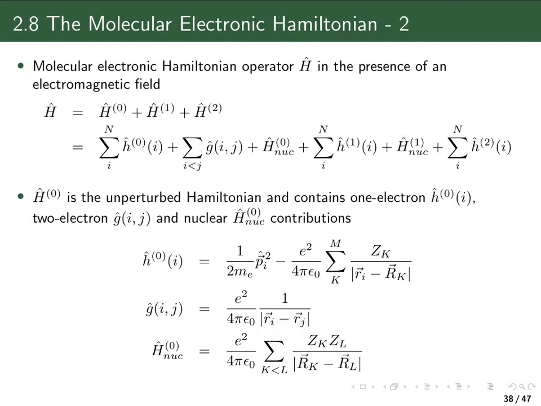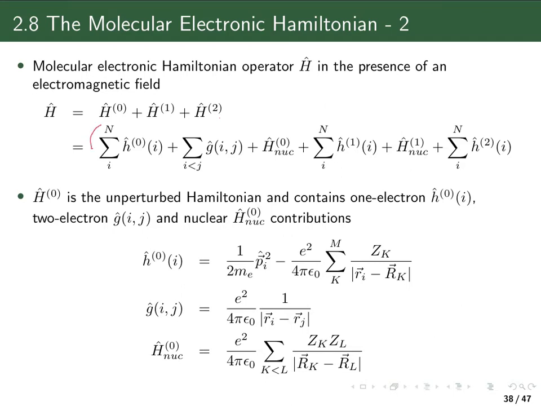Including all those, we can write the molecular electronic Hamiltonian, in the presence of an electromagnetic field and in the Born-Oppenheimer approximation, in this way, where I have grouped all the different terms and labeled them with an order symbol: 0th order, 1st order, and 2nd order, depending on whether the vector or scalar potential are included in those operators and whether the operators are linear or quadratic in the scalar or vector potential.